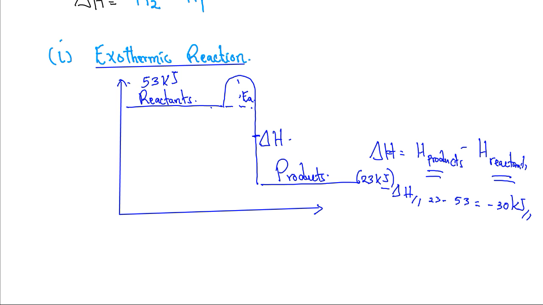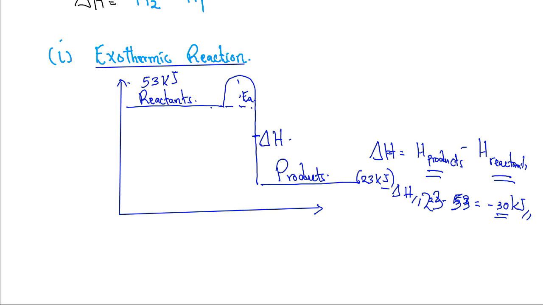So that is enough to show us that indeed there is a negative delta H, confirming that the reaction is exothermic, thereby having a negative delta H.